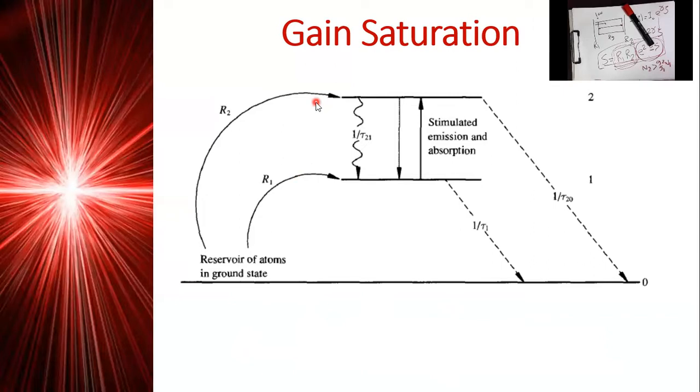So R1 and R2 represent the rates of injection from the ground state to the first state and second state. And basically, we have the normal 3 transformation operations of electrons defined by Einstein, which are the stimulated emission, spontaneous emission, and absorption. So these 3 processes occur as usual.